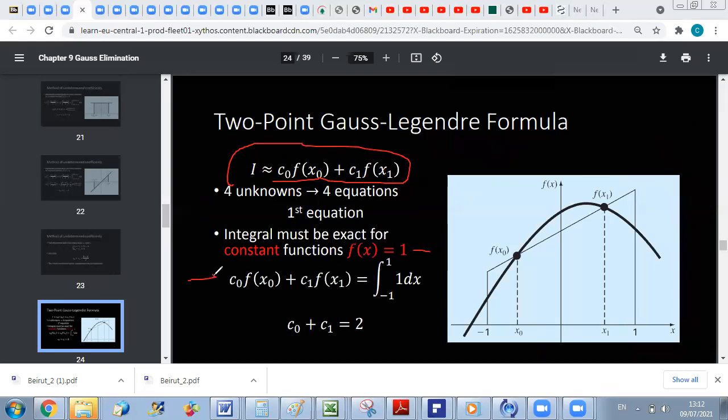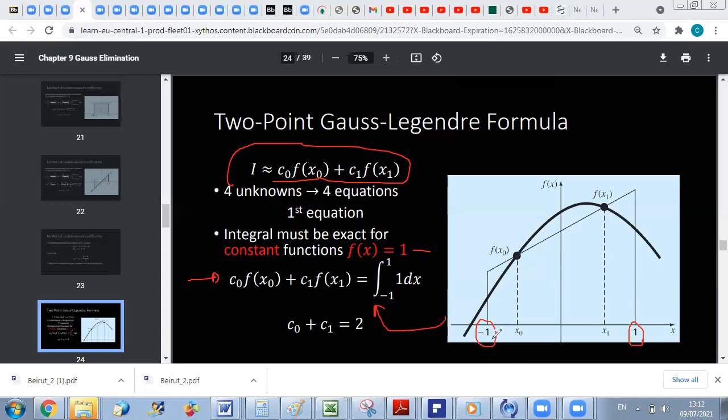So the first relation will be C0 f of x0 plus C1 f of x1 equals the integral from, in the first approach, we will take an interval of -1 and 1. And we will see after together how to go over this. And if I give you any interval, you can transform it to this form. We'll see how. But just now, I want you to understand the idea.